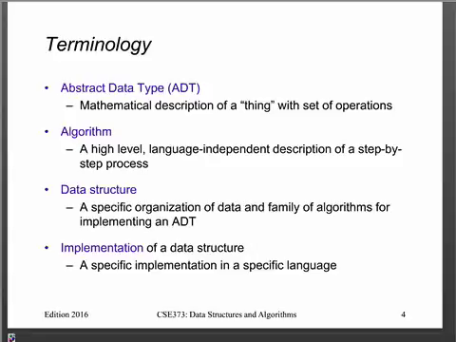So what is an abstract data type? The abstract data type is the abstract view of a data structure. That view does not depend on a specific programming language. It does not depend on a specific implementation. It gives only the abstract functions you can use on the data type.